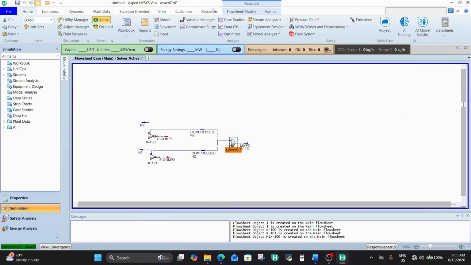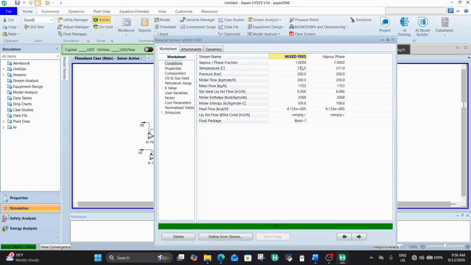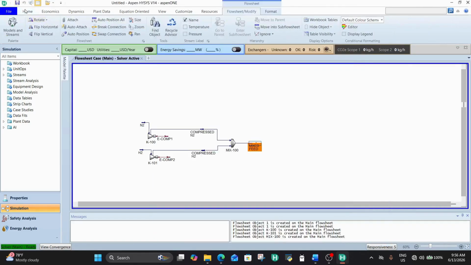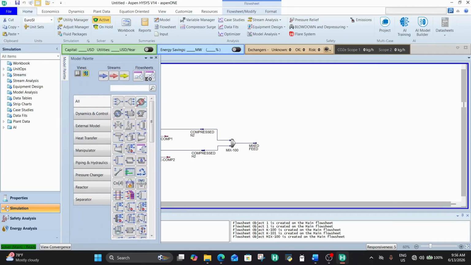Oh god, I mixed that up. This is much better. Right, so let's see what our temperature looks like. 311 Celsius, we need to be at 450 Celsius, so we need to do some heating.